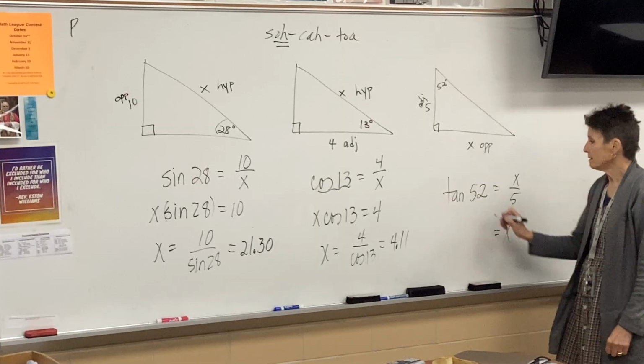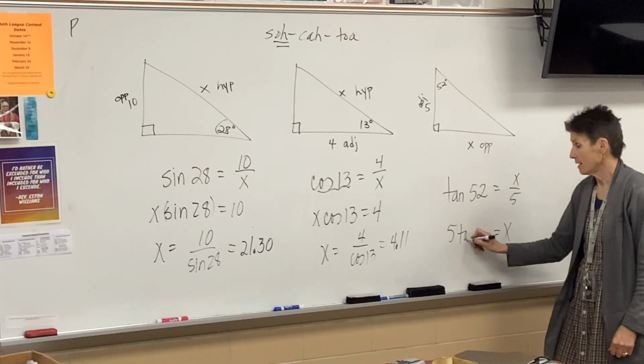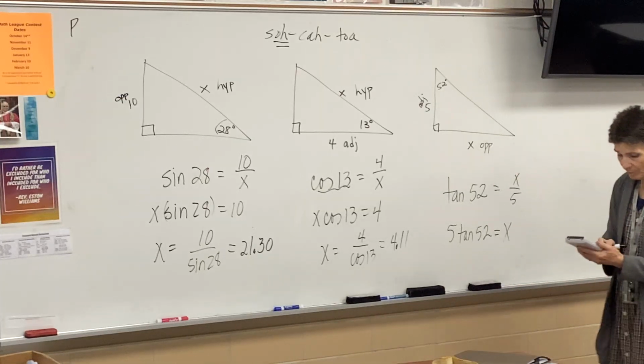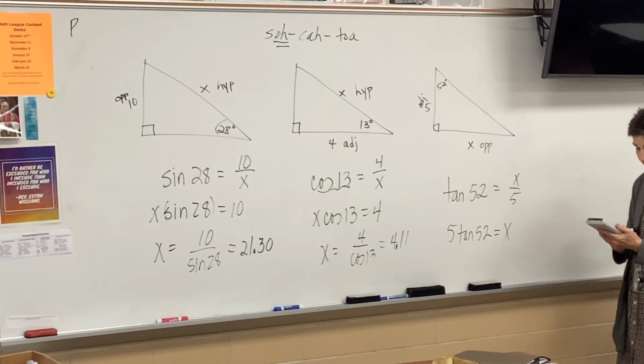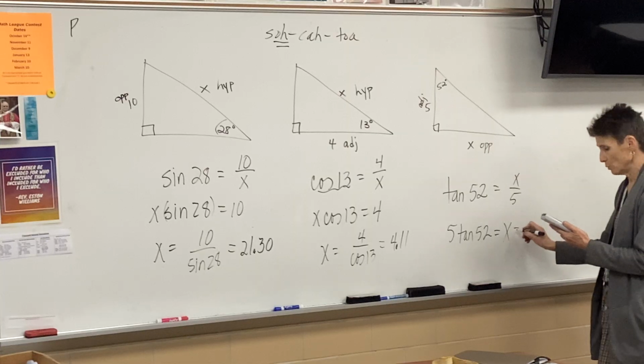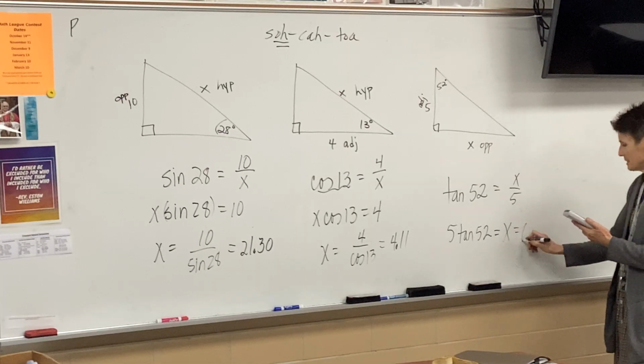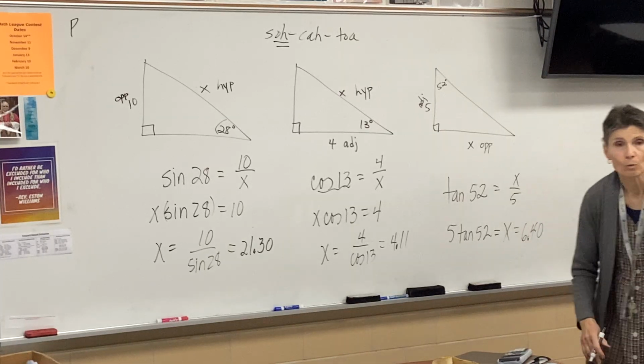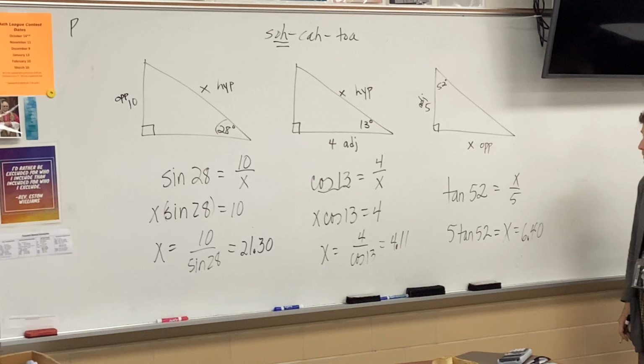So I'll multiply the 5 over to here, and then I'm done, I'm ready. Type it in, 5 tan 52. And ooh, this is gonna be 6.40. It's 6.399, so I'm gonna have to round it up to 6.40.